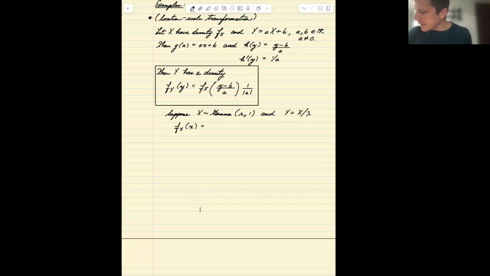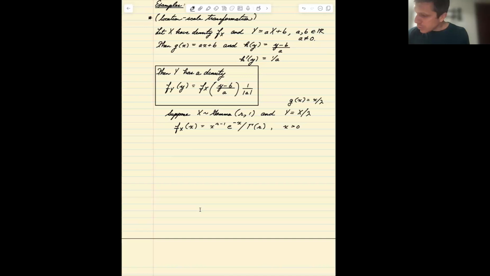Well, it's x to the r minus 1, 1 to the r, which doesn't do anything, e to the minus x over gamma function of r. This is for values of x bigger than 0. So in this particular case, g of x equals x over lambda. So a is 1 over lambda, and b is 0.